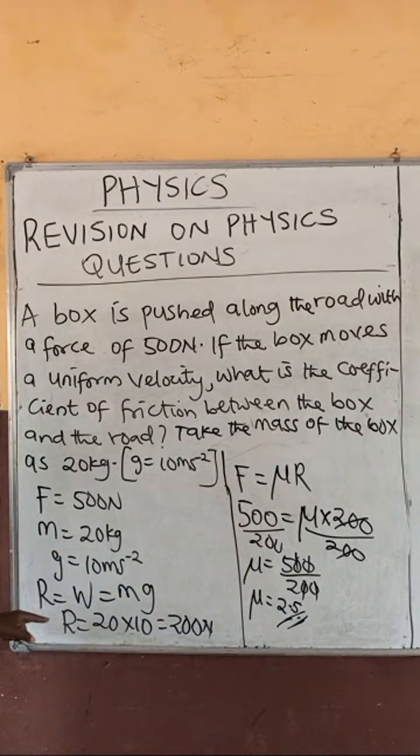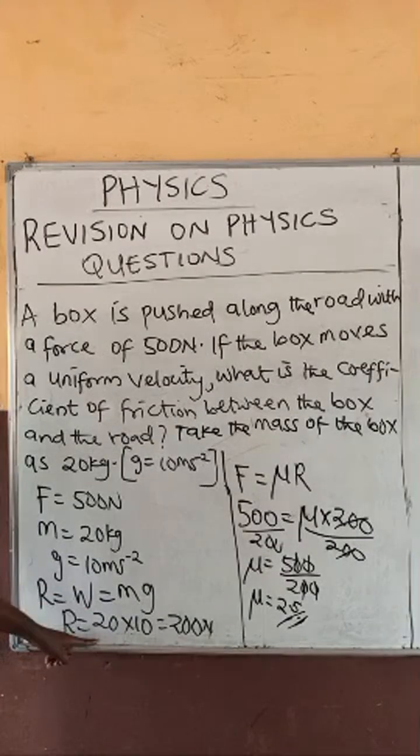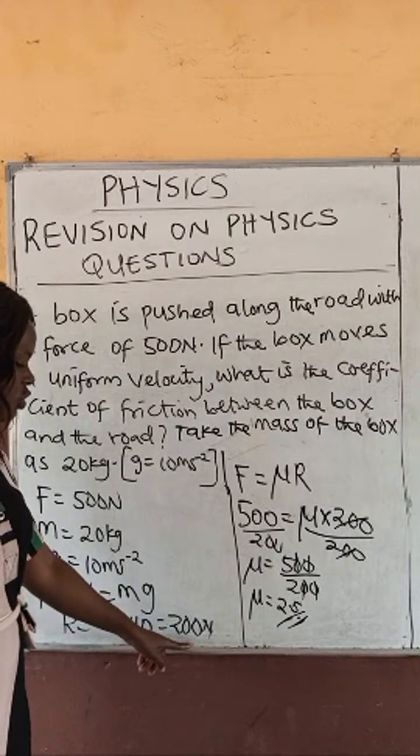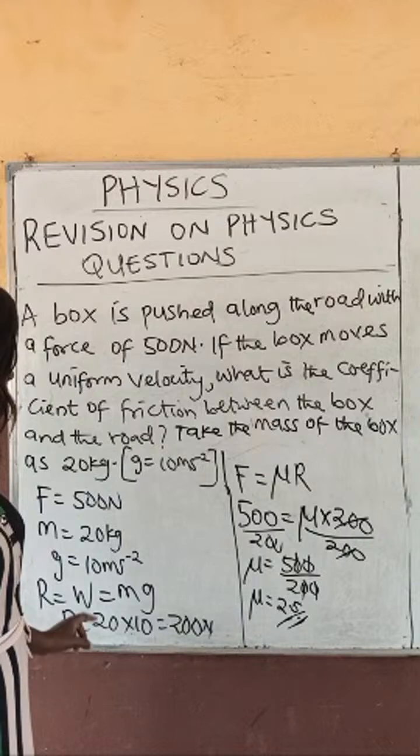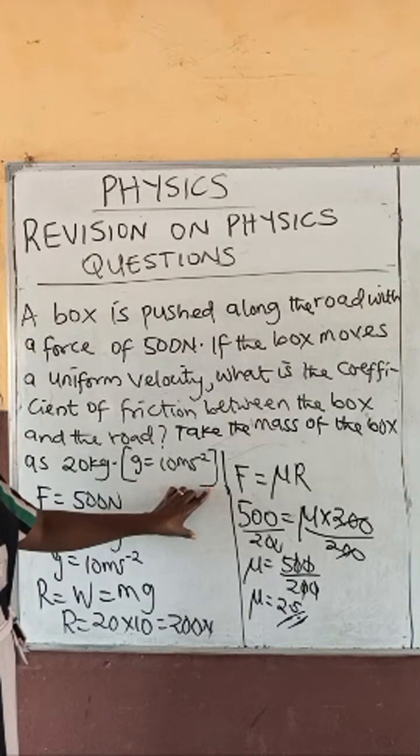So what you're going to do now is find the reaction. The reaction is like weight, but it's acting upwards while weight is acting down. The reaction is equal to mass times g. What is g? 10, right? When I multiply, I'm going to have 200 newtons. Is that okay? All right, so I'm going to use the formula for frictional force.